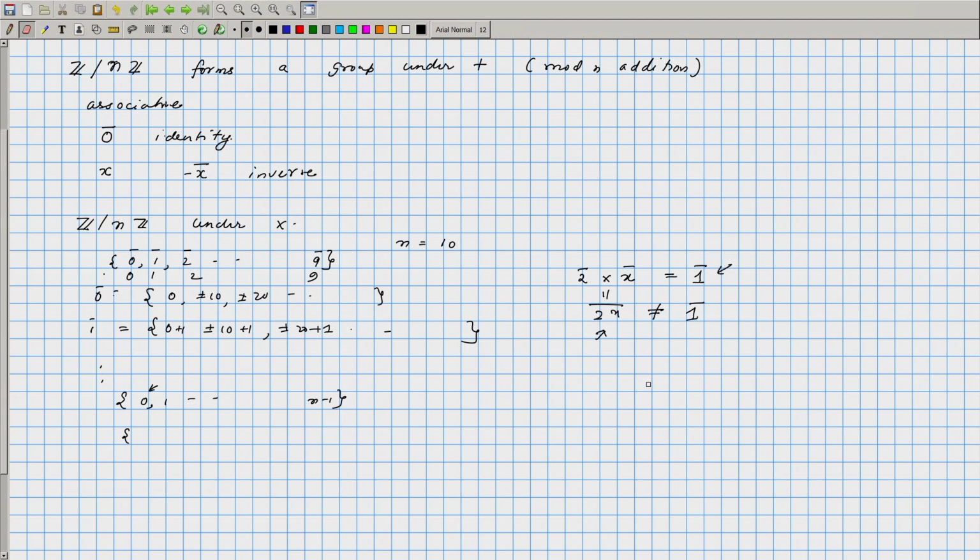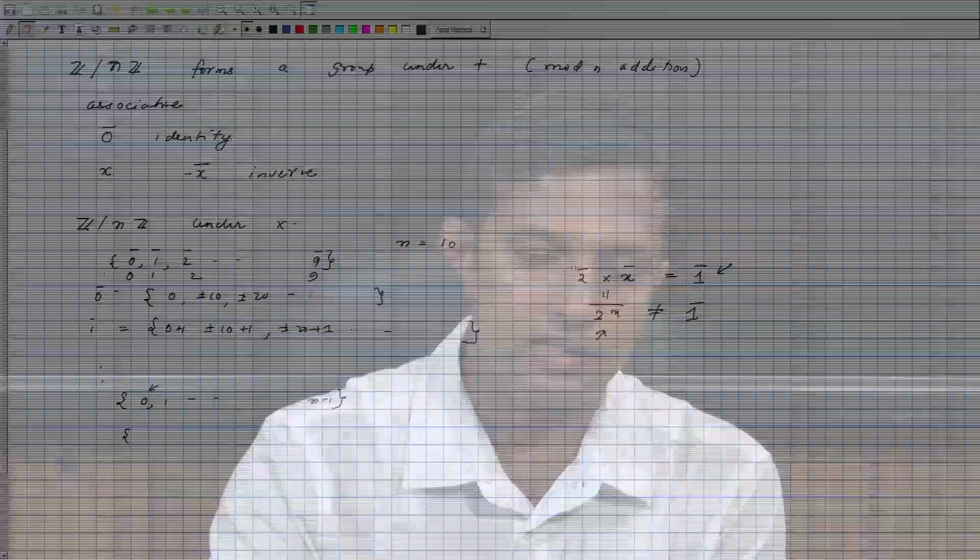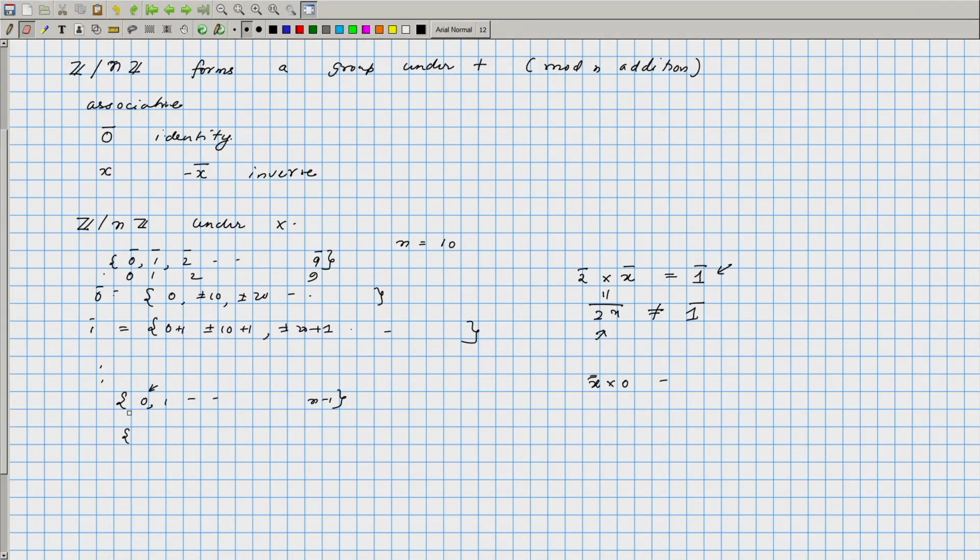What are the other elements which may not have an inverse? So, we will try to remove the elements which do not have an inverse and look at the remaining set and hope that that will do the trick. Here at least the evenness is causing trouble. So, let us say we remove all the even numbers, then we will get 1, 3, 5, 7, 9.